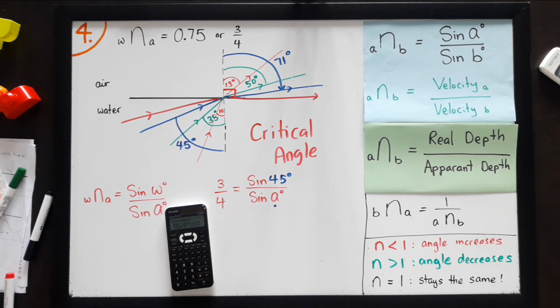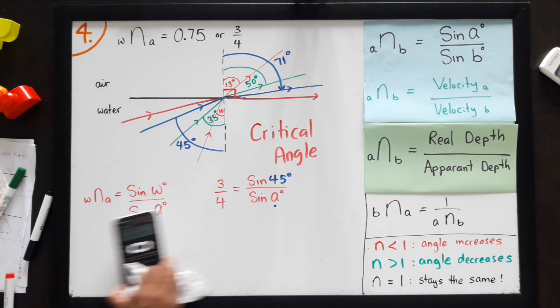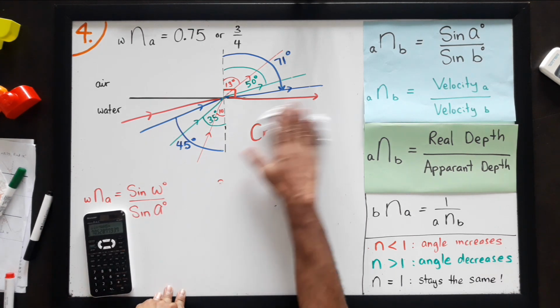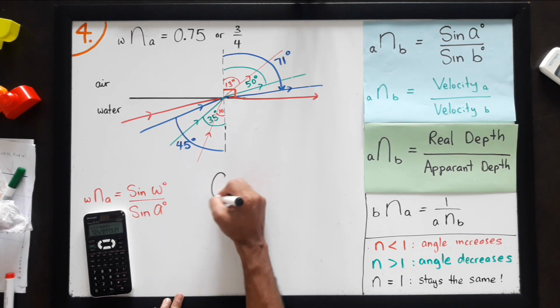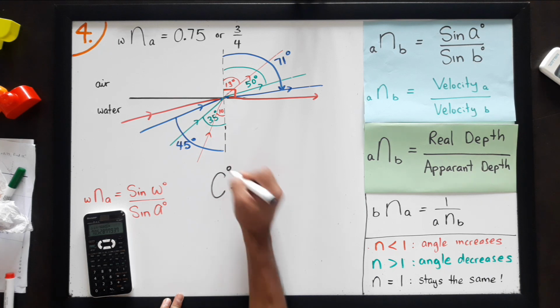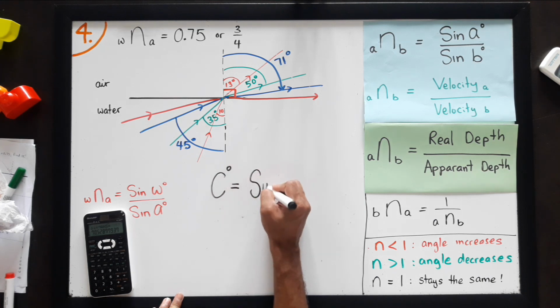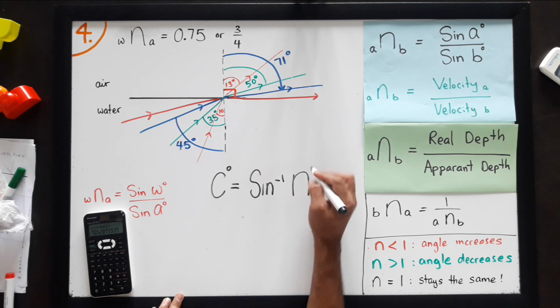So, what is the critical angle? Well, if you go in different textbooks, you'll see slightly different formulas. But this is the one I use. C, which stands for your critical angle, is sine inverse of the refractive index.